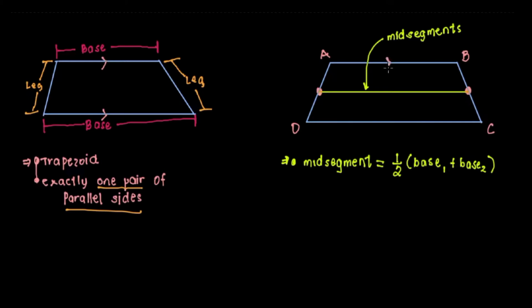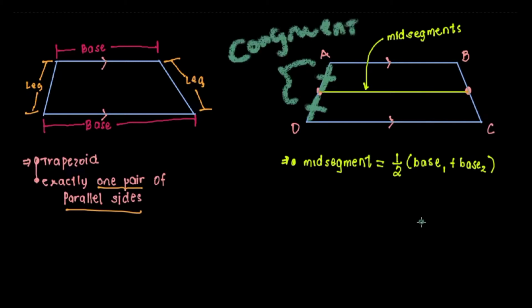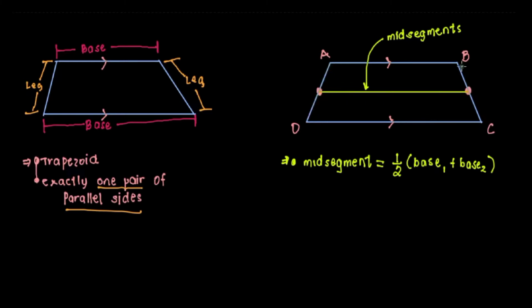Now, at this point, identify muna natin yung parts ng ating trapezoid. Okay? So, hinati ko yun sa gitnang line. So, ibig sabihin, itong dalawang line na to ay congruent. They are equal to each other. Okay? Since hinati ko nga sa gitna yung ating leg. Okay? So, same sa gitna ng BC.